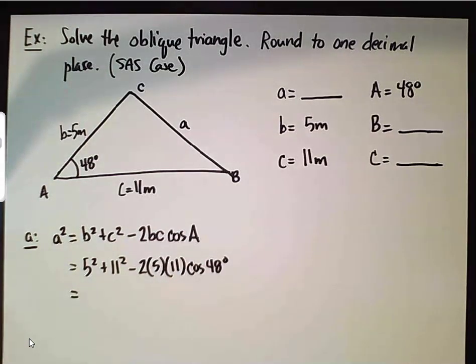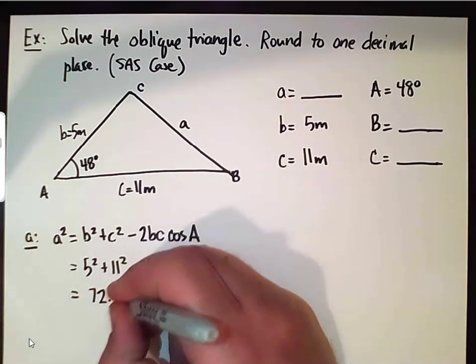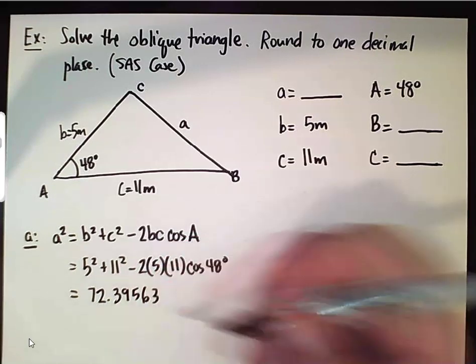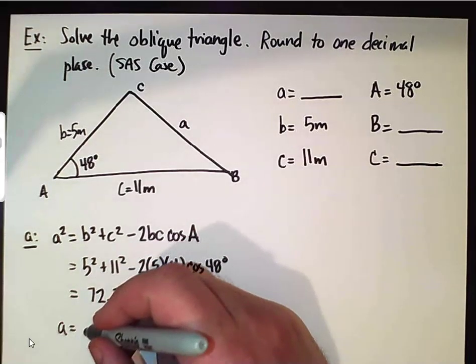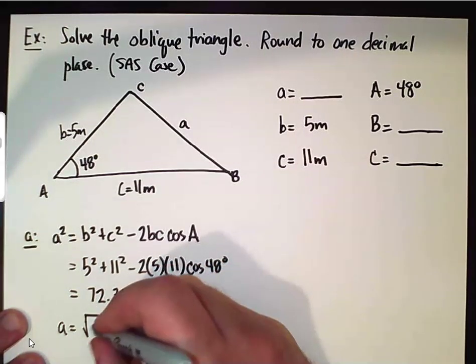When I plug that into my calculator, 5 squared plus 11 squared minus 2 times 5 times 11 times the cosine of 48 degrees equals 72.39563.